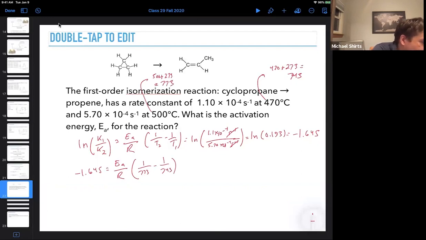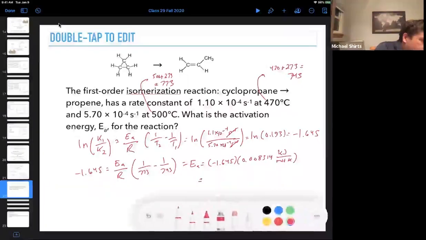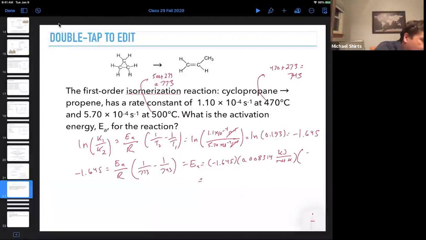I'm going to rearrange this a little, because we're solving for Ea. So we get that Ea equals minus 1.645 times 0.008314 kilojoules per mole Kelvin, times minus 1 Kelvin over 5.22 times 10 to the minus 5.